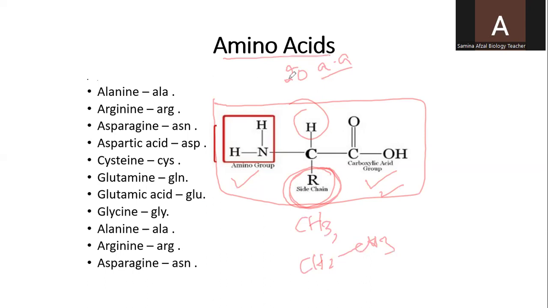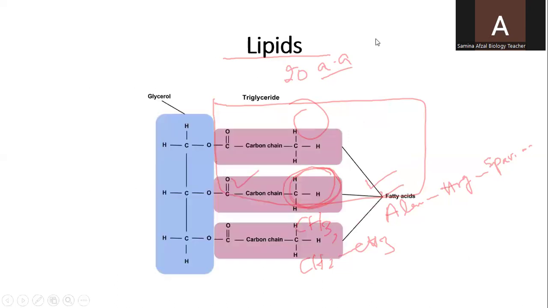You can see these 20 amino acids are making so many different chains of protein. Sometimes the first can be alanine, the other can be arginine or asparagine, and so on. In this way, they join together to make up one protein chain. Amino acids can make smaller or larger chains of protein.